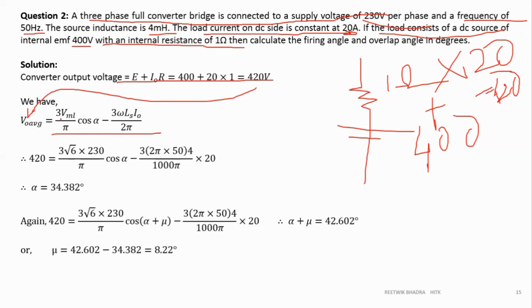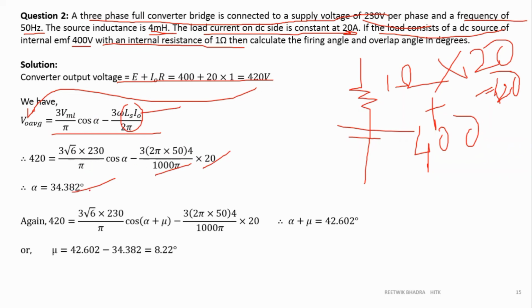This is the line voltage, so into root 3. Root 2 into root 3 gives you root 6. Always star connection is taken, so root 3 will be there. So 3 root 6 into 230 by pi cos alpha minus 3 into 2 pi f LS by 2 pi, where omega is 2 pi f. F is 50, LS is 4 millihenry, I naught is given as 20. So all these values are substituted here and we got that equation.